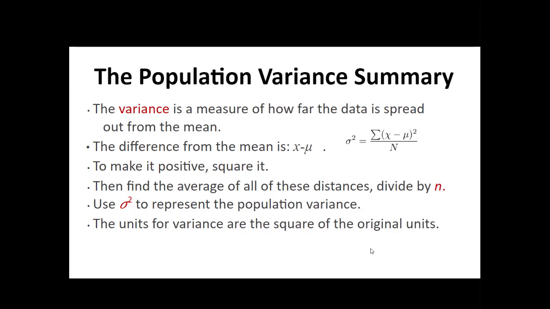The symbol sigma squared is used to represent the population variance. So like here, we've got sigma squared is equal to the sum of all the squared deviations divided by the number of data points in your data set. Remember that the units for variance are the square of the original units and are often nonsensical. They don't make sense in the context of the problem.